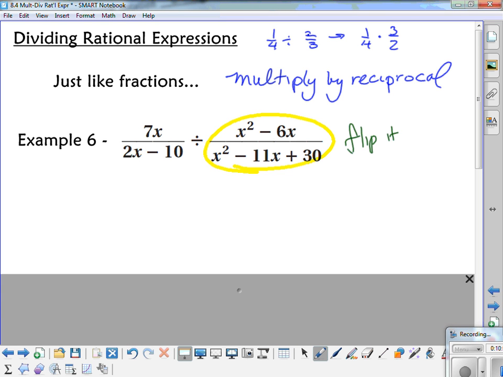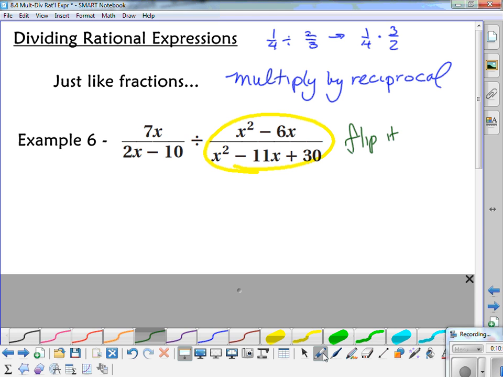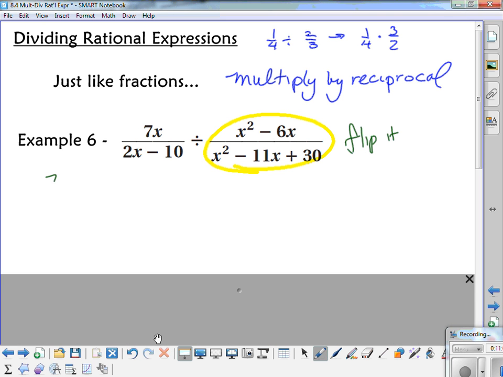Okay? So doing that, my 7x over 2x minus 10 stays the same. And I'm going to go ahead and factor the 2 out on the bottom. All right, and then for the other one, so the x squared minus 6x is going to be on the bottom now. So I take the x out, and I'm left with x minus 6.